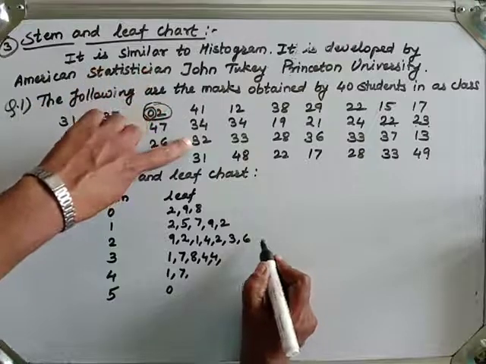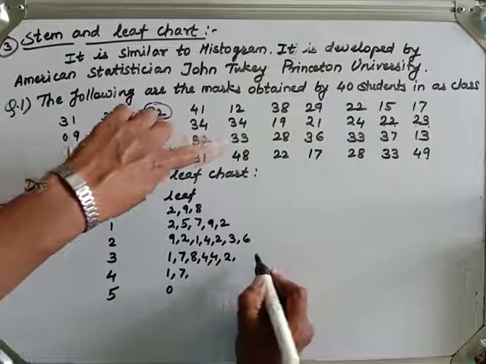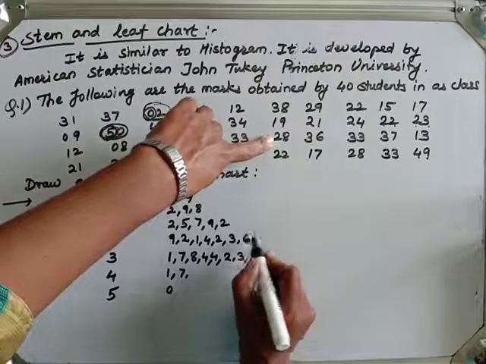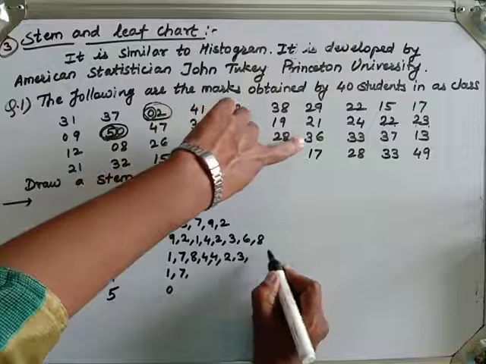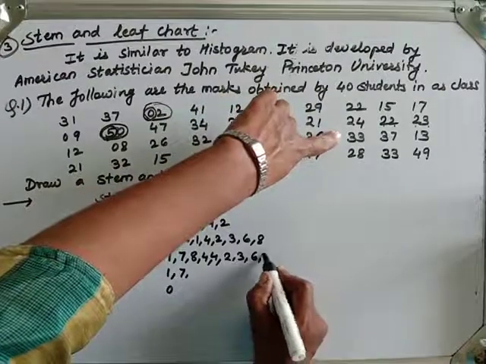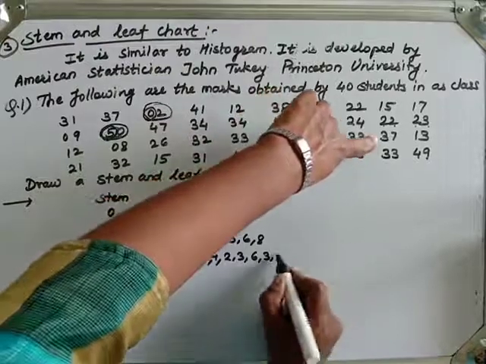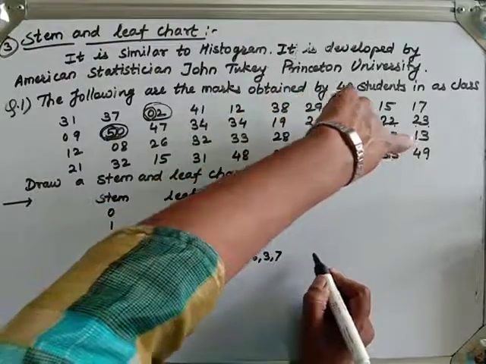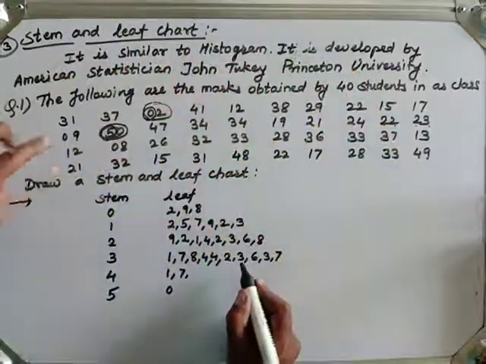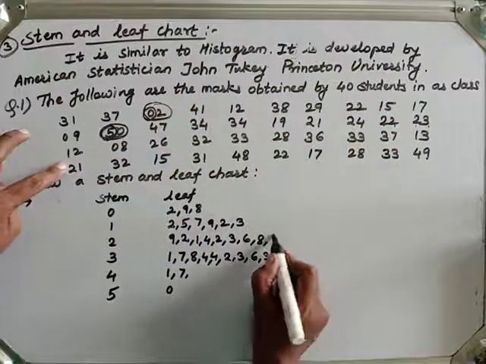Stem is 3, leaf is 2. Stem is 3, leaf is 3. Stem is 2, leaf is 8. Stem is 3, leaf is 6. Stem is 3, leaf is 3. Stem is 3, leaf is 7. Stem is 1, leaf is 3. Stem is 2, leaf is 1.